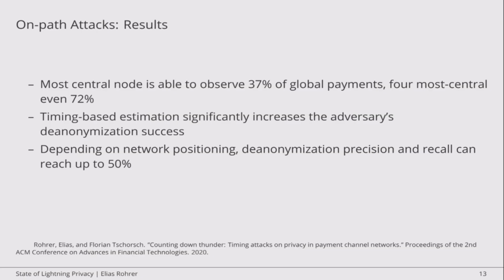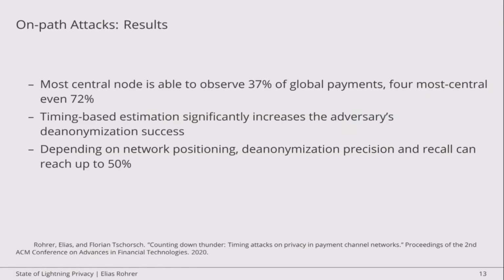In that research a few years back, we could show that a few central nodes really see a lot of payments, simply because they are very central in the network. In our simulations back then, a single node would see up to 37% of global payments, and the four most central nodes, if they colluded, would see up to 72% of payments.